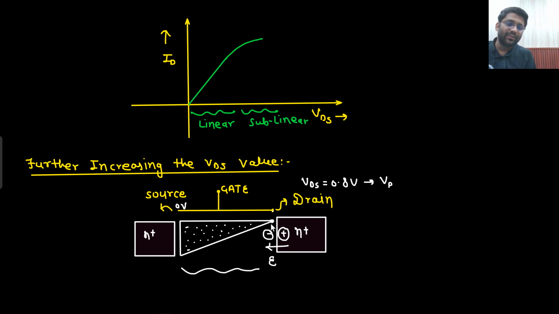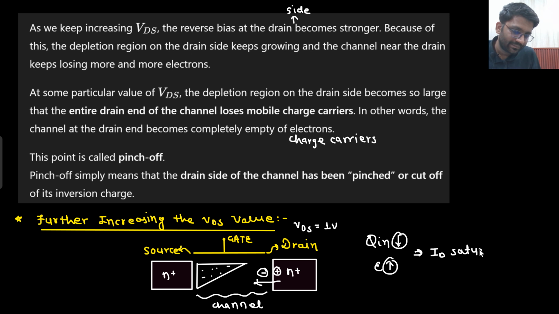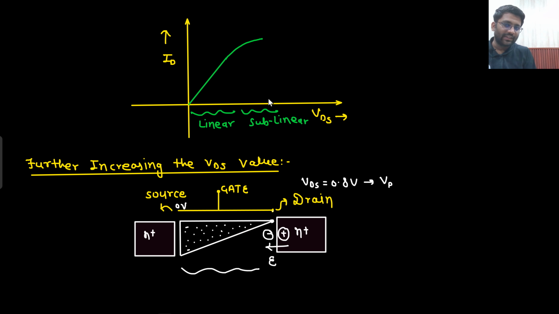So once this pinch off has occurred, after that inversion charge is getting lesser, along with that electric field is getting increased. Now both will make sure that current saturates. So once this pinch off has occurred, after that the current will be saturated.